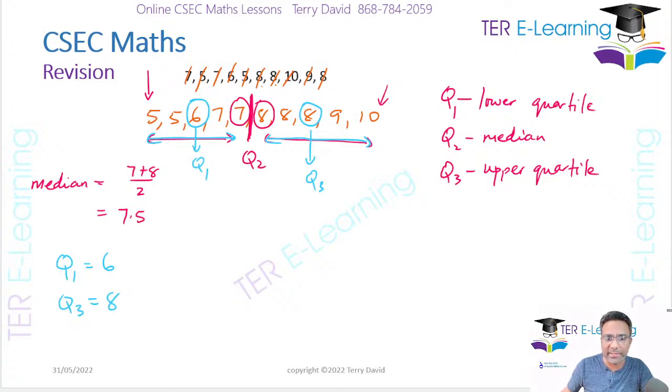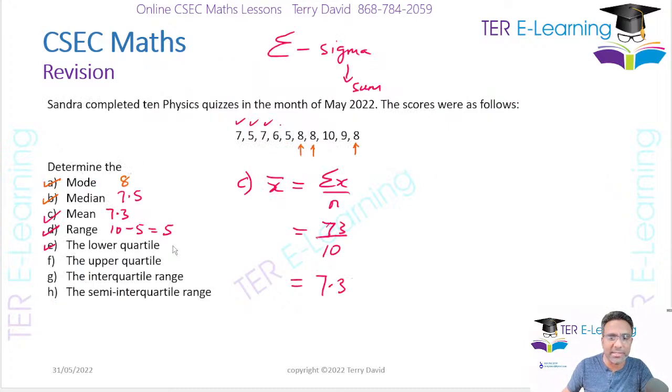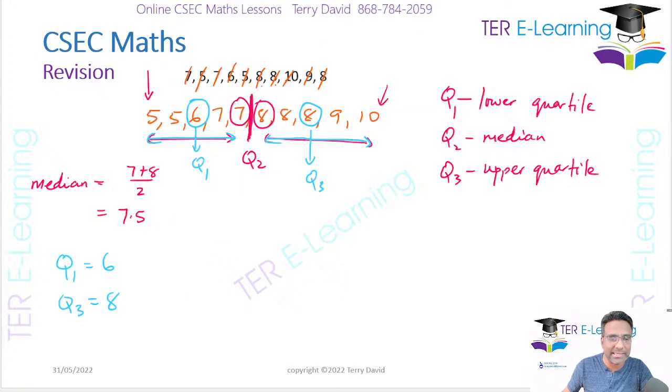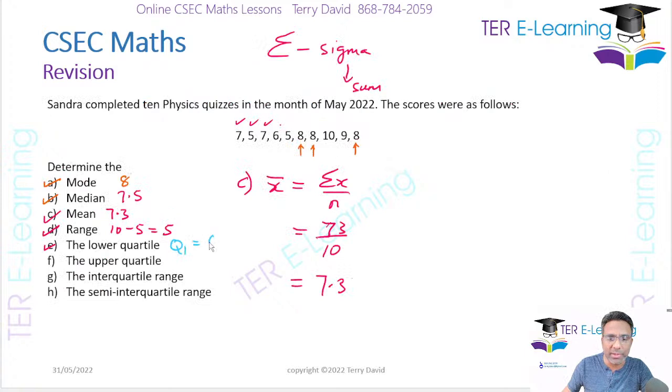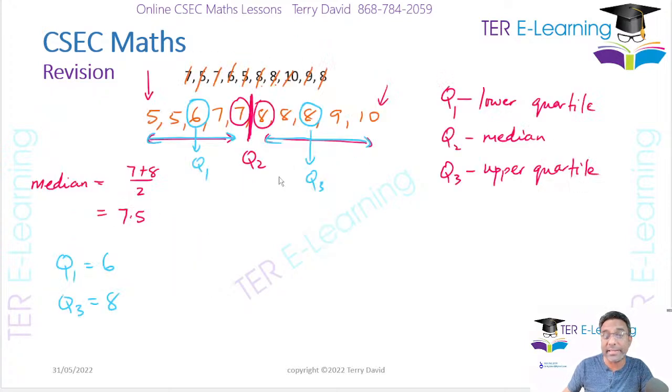So in the question, your lower quartile, which is Q1, is equal to what I said, 6. So Q1 is 6, and the upper quartile, that's your Q3, is equal to 8. According to the data, my upper quartile here is actually equal to 8.